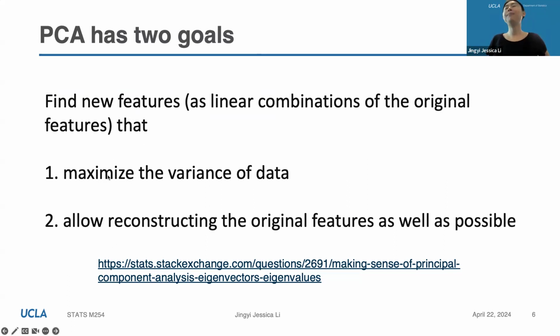So we want PC1 to explain most of the variance, PC2 to explain most of the remaining variance after PC1, PC3 to explain most of the variance after PC1 and PC2, etc. So each PC explains the most of the remaining variance. And we showed that by maximizing the variance, the derivation gives us an eigen decomposition problem. Mathematically, it becomes an eigen decomposition of the covariance matrix. That's what we said last time.